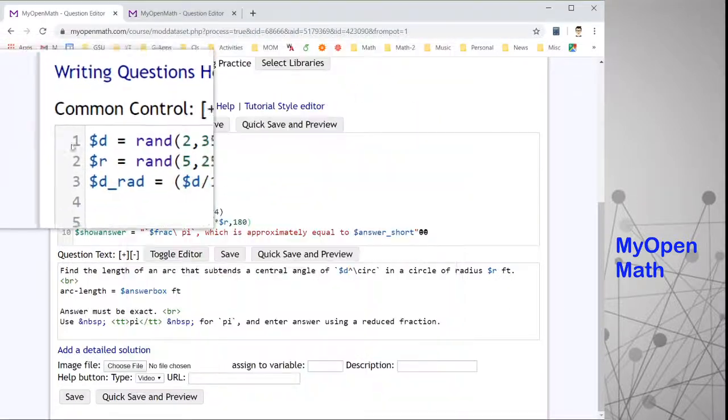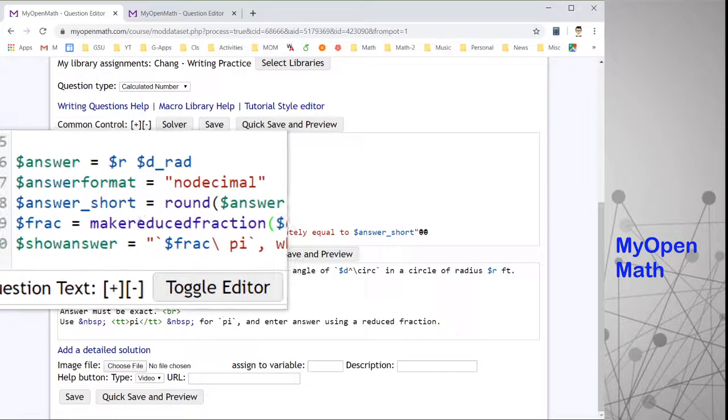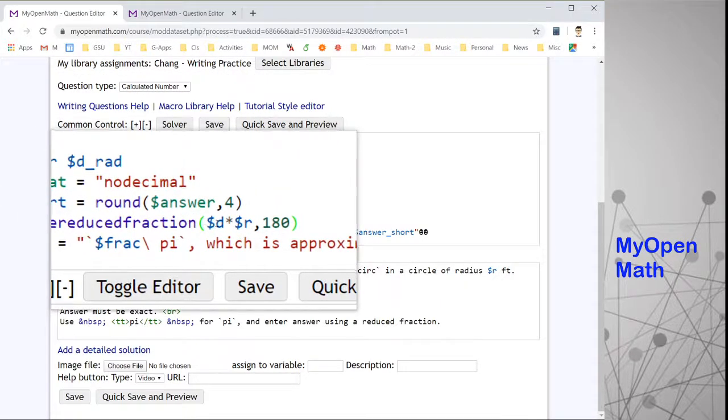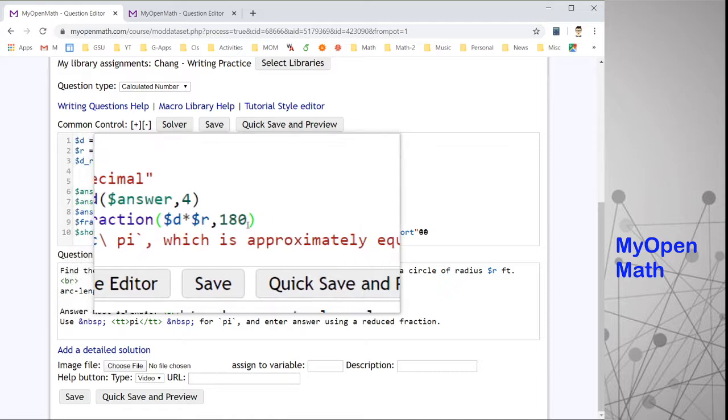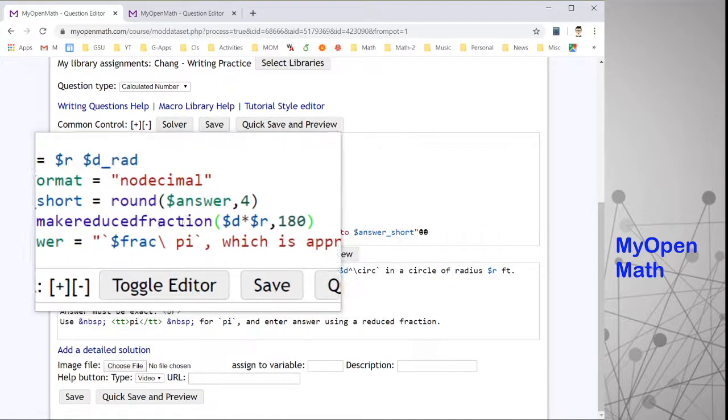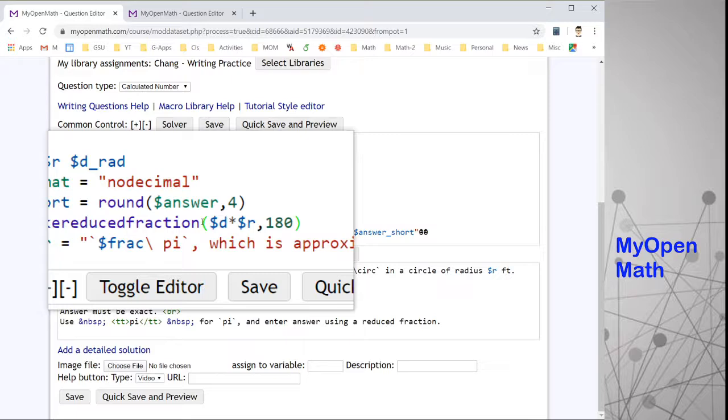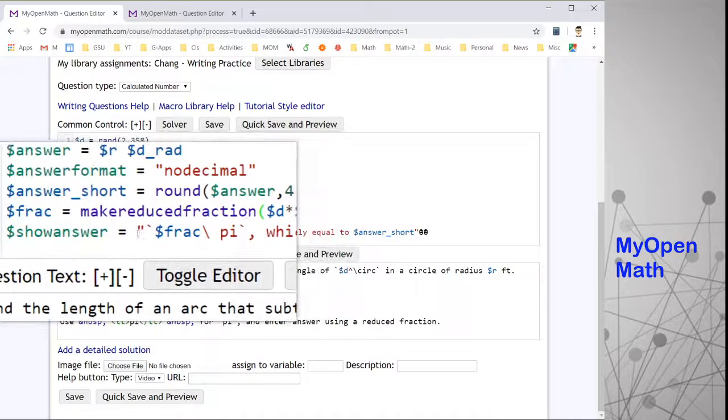Go ahead and learn about more formatting commands, but here it is just getting reduced fractions, d times r over 180. So that's going to appear in a nice fraction form right next to pi, and that's what I'm doing here.